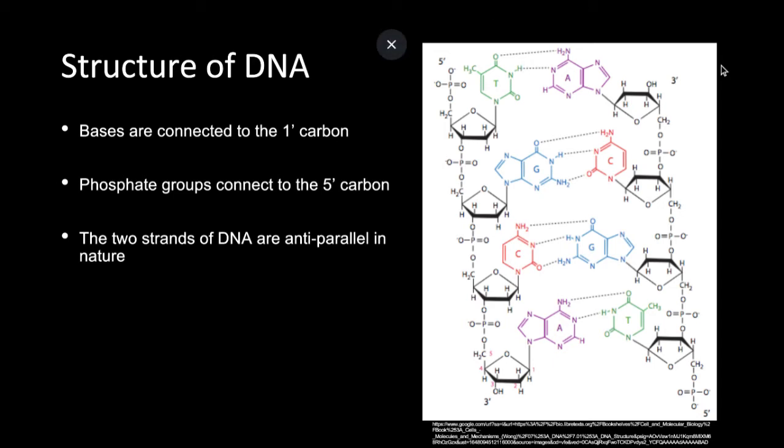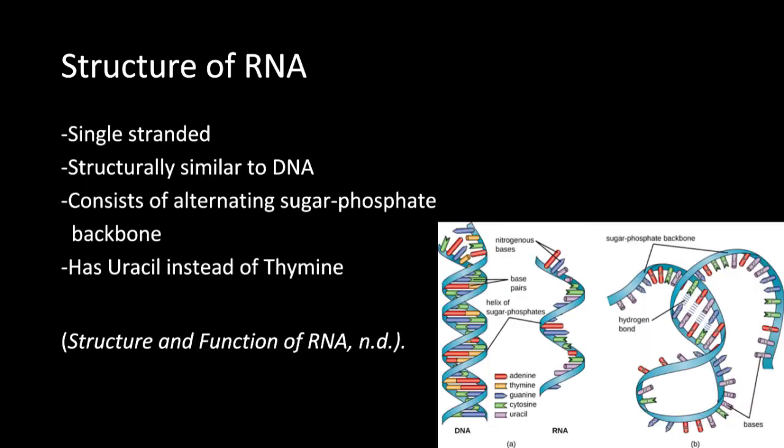And the nitrogenous bases will have to pair: A adenine goes with thymine and guanine goes with cytosine. But if it's RNA, then the A is paired with uracil instead. That's the major difference between RNA and DNA.